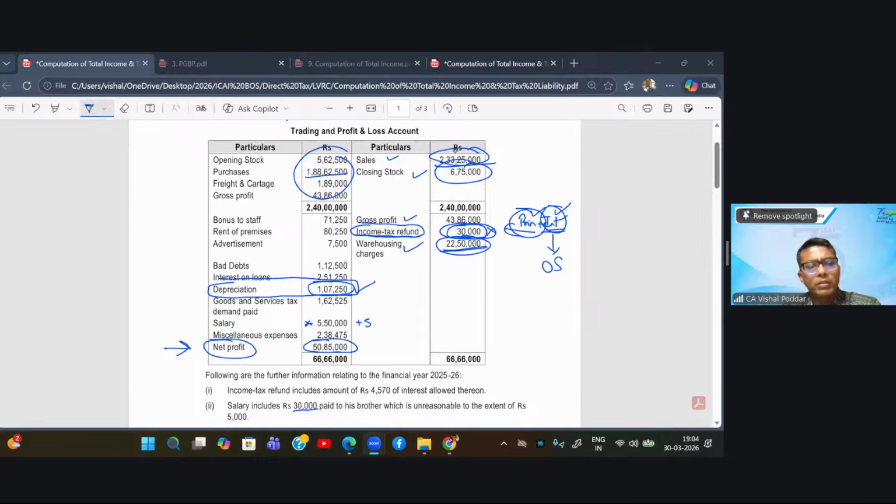Only where something is not part of the business head, or it has some specific disallowance under the act because of a specific provision, like TDS not paid or payment made to a related person in excess of the normal amount. All these are specific disallowances, so we will do adjustment for those. Correct? Okay, sir.